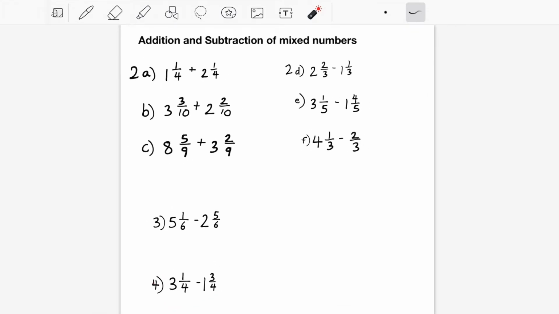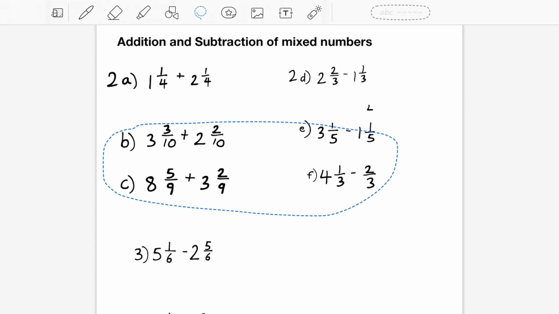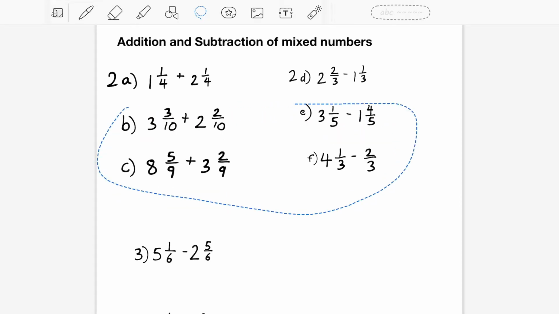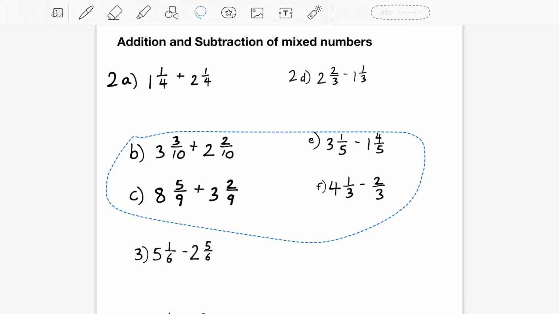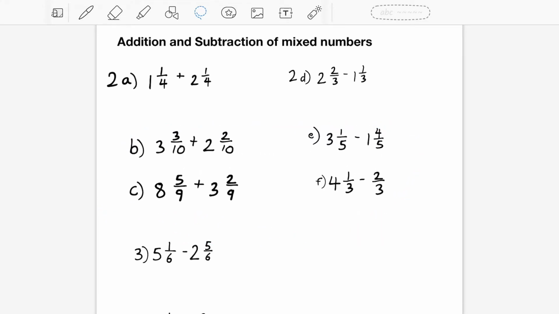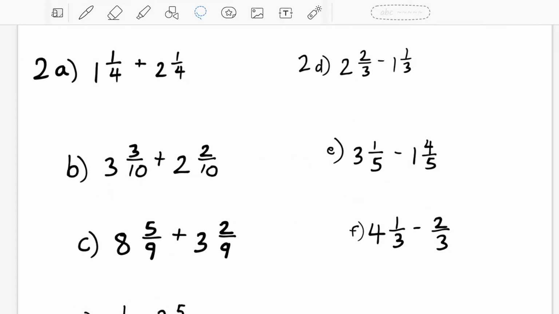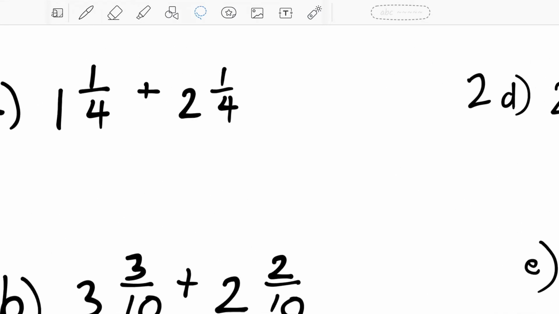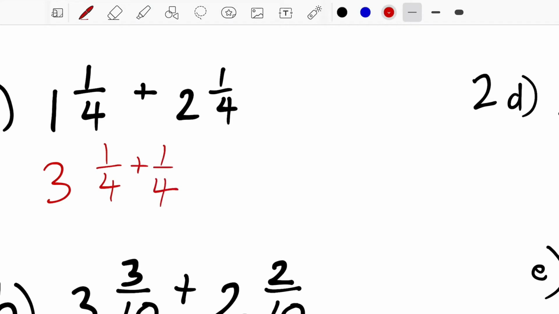So let's make some space here. 1 plus 2 is equal to 3, and 1/4 plus 1/4 is equal to 2/4.